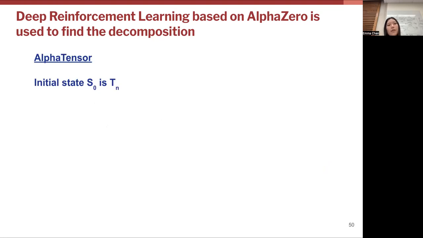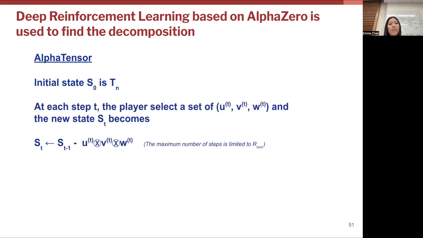So in this single player game, the initial state will be Tn, which is the original 3D multiplication matrix that we want to decompose. At each step, the player will select a set of U, V, and W vectors.